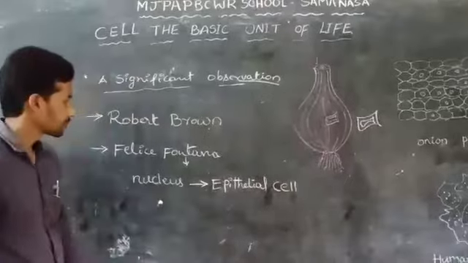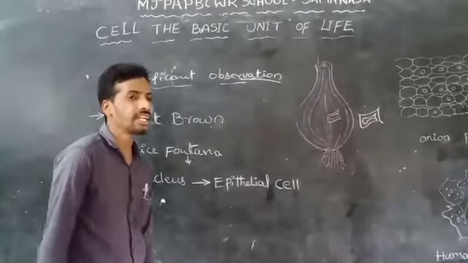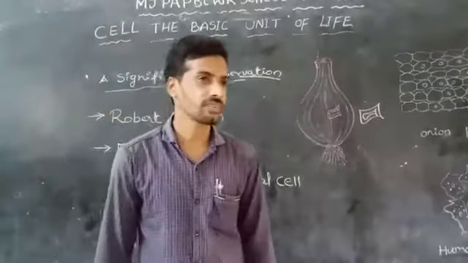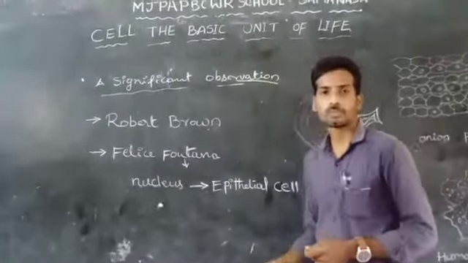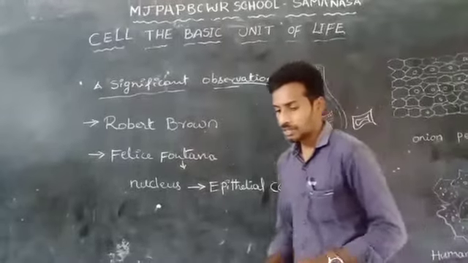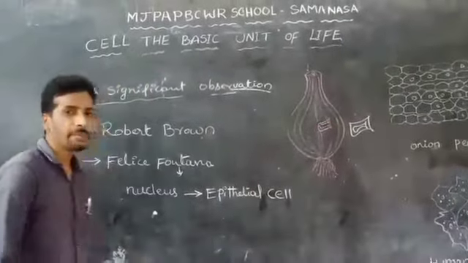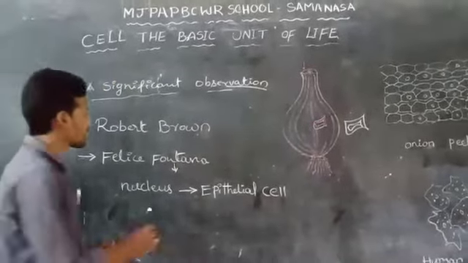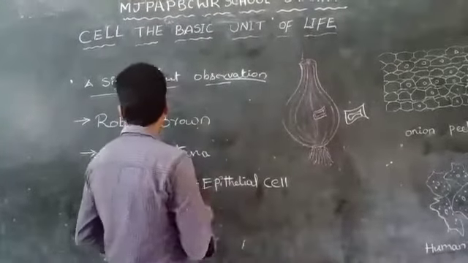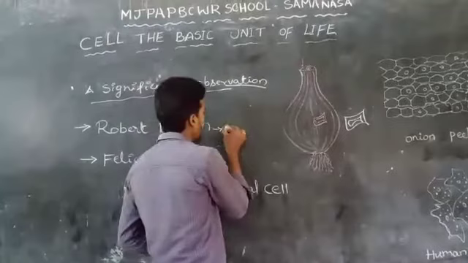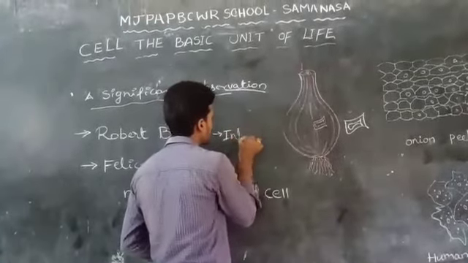Every cell has a specific spot-like structure, and Robert Brown said that the nucleus is an integral part of the cell.